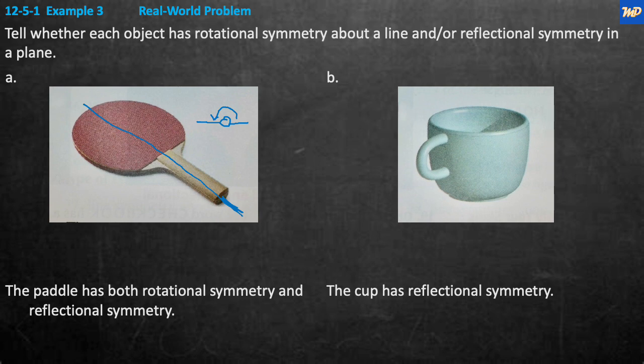As for the cup, it has reflectional. So if you cut it right down the middle of the handle, right? Come down the cup like this, cut it right in half, and you had the same cut down the other side, you could see that the two halves were identical. That's the only way I can see how you can get reflectional symmetry.